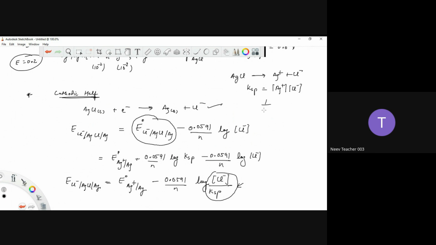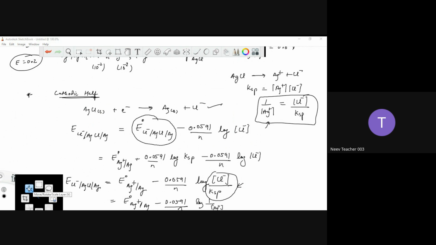Isn't it that 1 by Ag plus concentration is Cl minus over KSP? Correct, no? So can we replace the Cl minus over KSP with 1 by Ag plus concentration? So E naught Ag plus Ag minus 0.0591 by n log of 1 over Ag plus concentration.